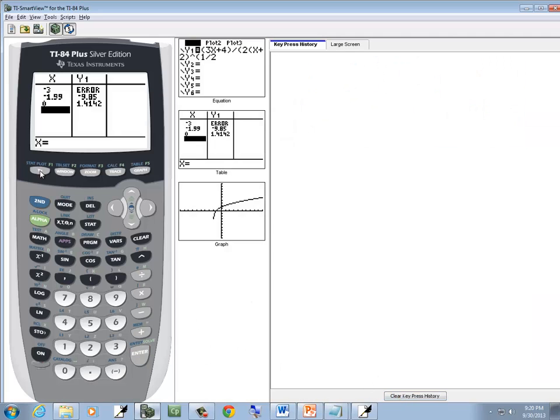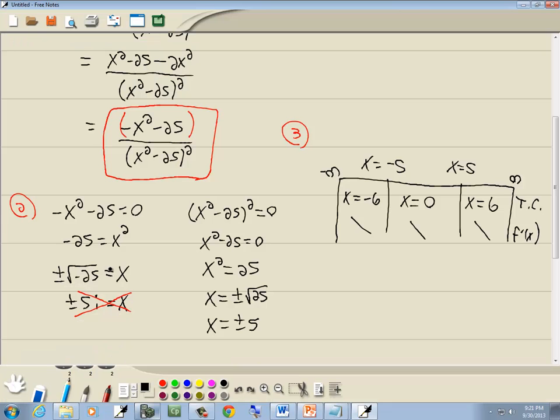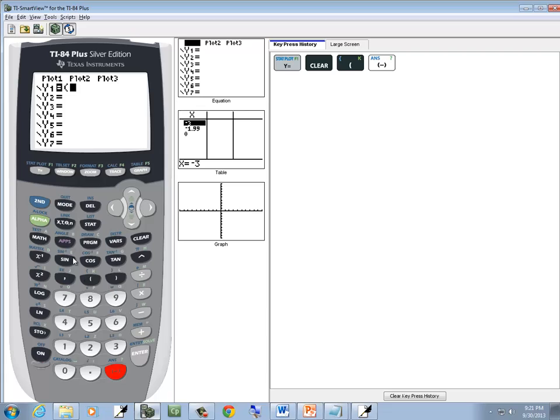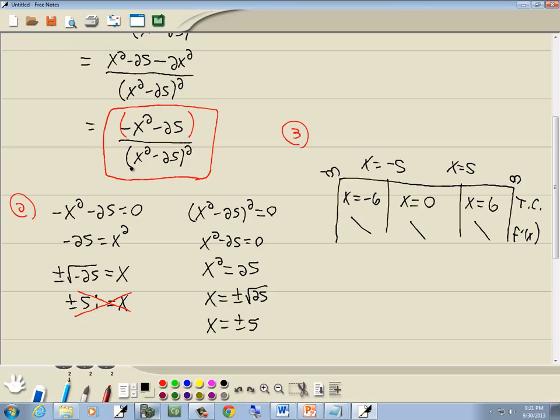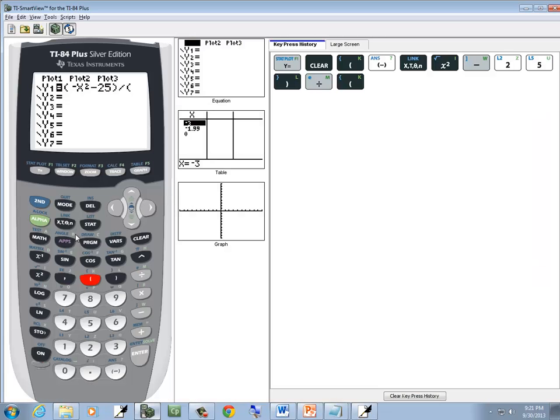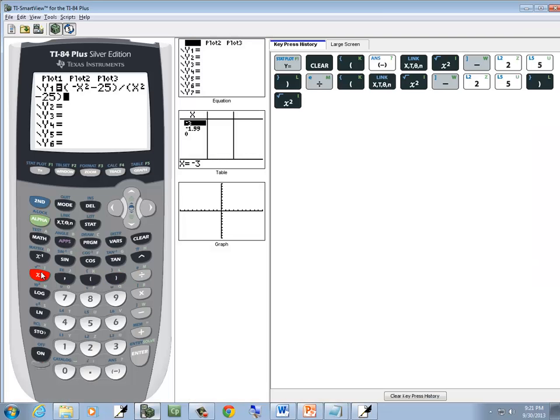So I'll press my y equals, clear, and I got beginning parentheses, negative x squared minus 25, closing parentheses around the top part, divided by beginning parentheses on the bottom part, x squared minus 25, closing parentheses, and then we want it squared, like that.